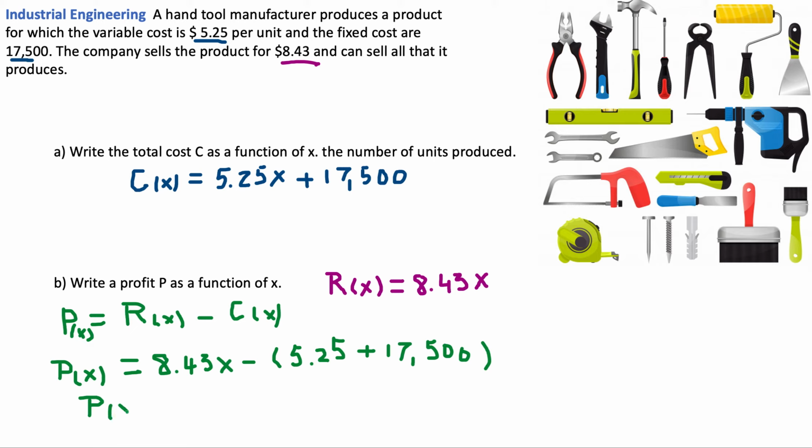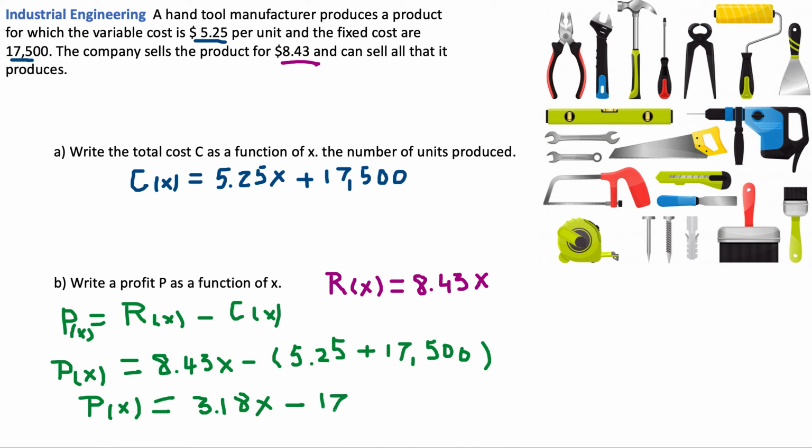The profit in terms of the function X is going to be equal to: 8.43 minus 5.25 gives us 3.18x, and now we have a negative sign, times positive is negative, and 17,500.